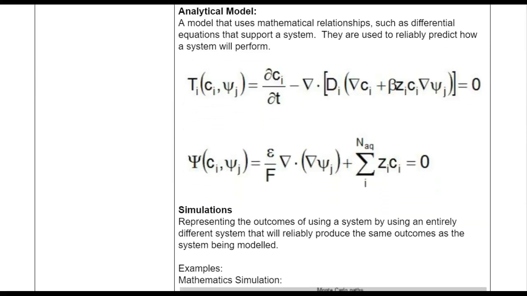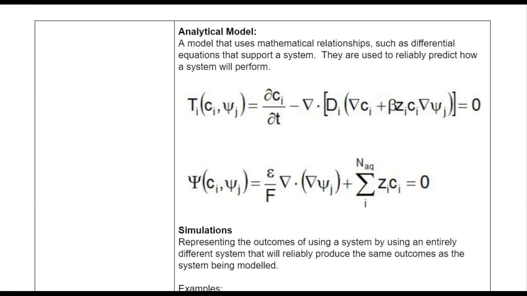Not all models are physical or descriptive. Some are analytic. An analytical model is a model that uses mathematical relationships, usually differential equations, to support a system. They're used to reliably predict how the system will perform. I believe these are the equations that describe the behavior of light in a physical system.